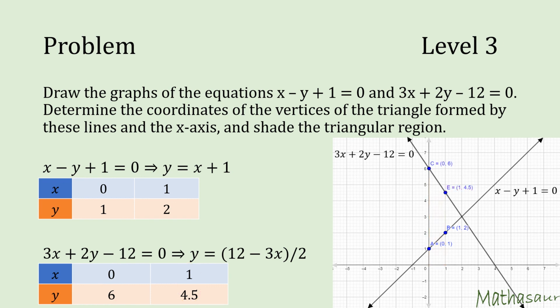Now we have to shade the triangular region between these two lines and the x-axis. This would be the yellow region shown. We also have to determine the coordinates of the vertices of this triangle. So let us label these coordinates and write down the values. So we get vertex F as 2, 3, vertex G as -1, 0 and vertex H as 4, 0.